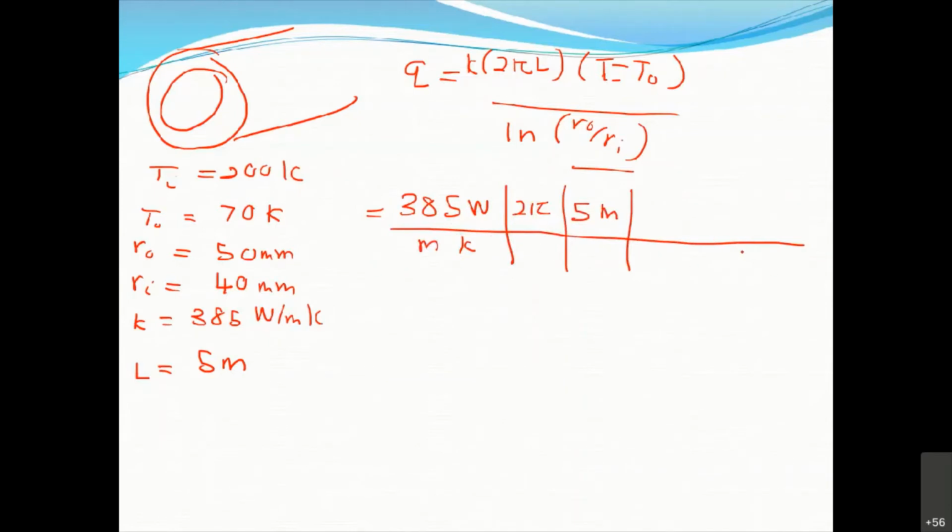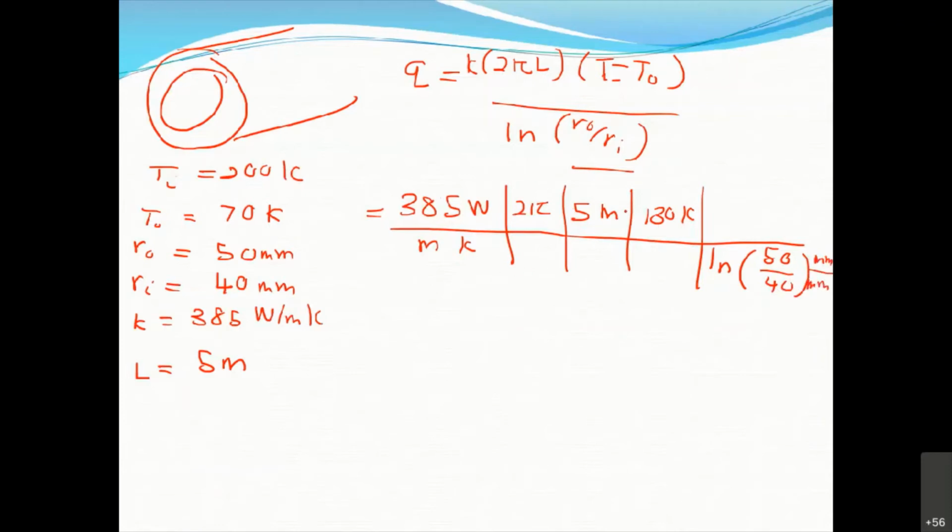So 200 minus 70 is going to be 130 K, divided by ln 50 over 40, mm over mm.